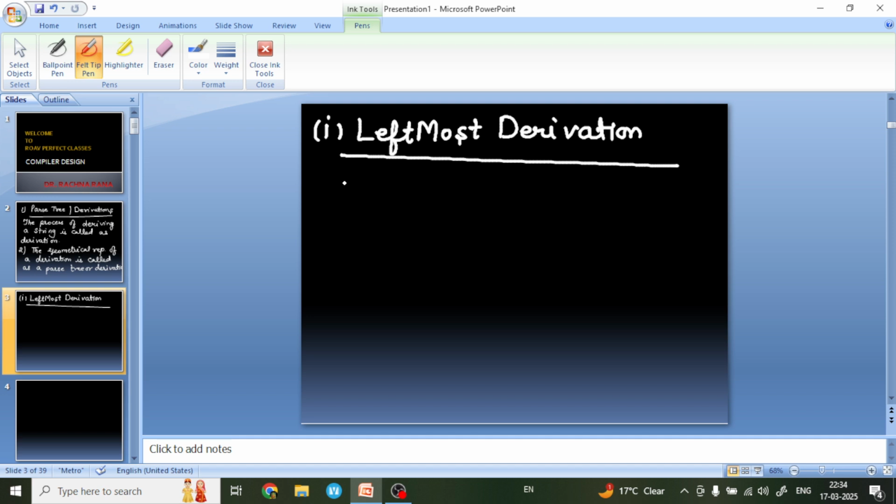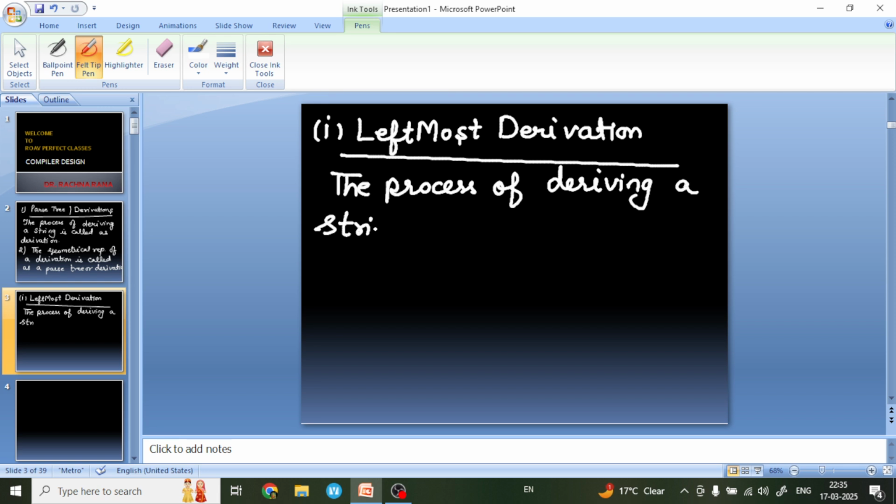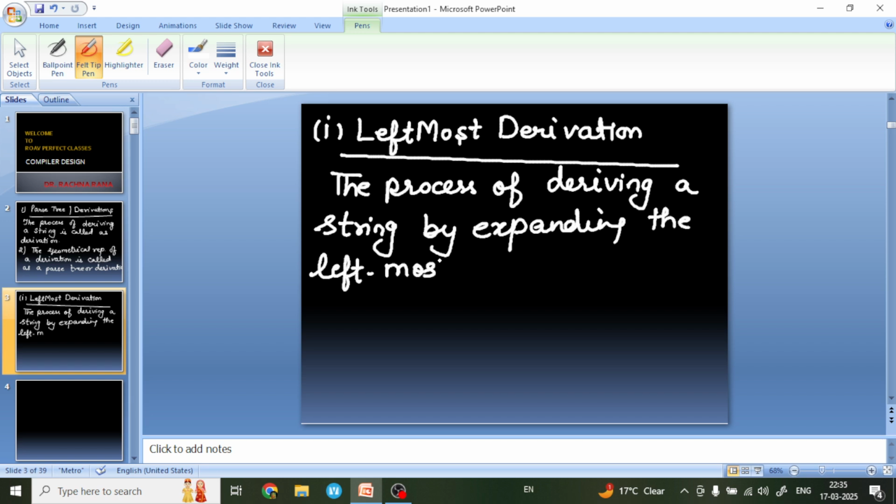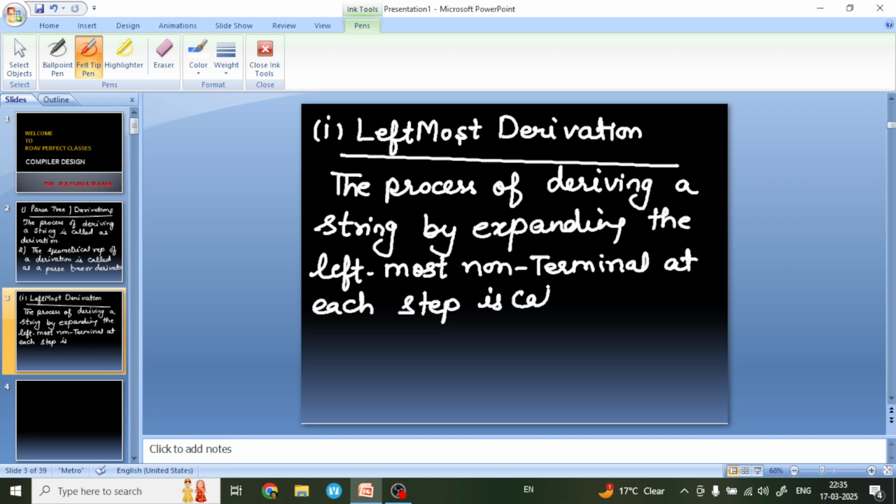Leftmost derivation means the process of deriving a string by expanding the leftmost non-terminal at each step is called as leftmost derivation.